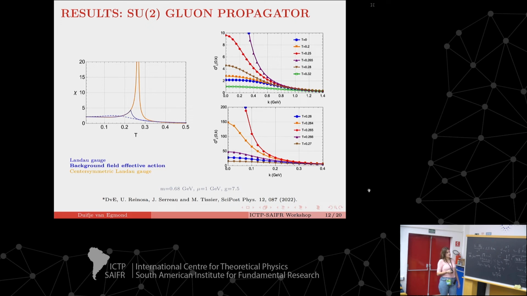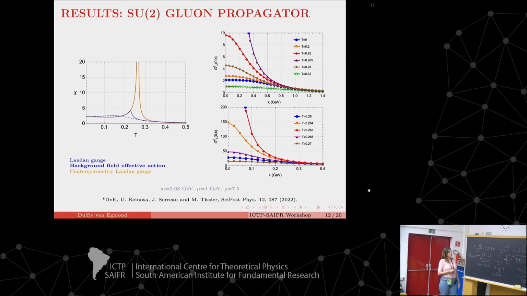And what we did is we compared three different gauges. First of all, the Landau gauge, so taking A bar zero, the background field effective action, and our proposal, the center-symmetric Landau gauge. You see that for the Landau gauge, there's a small bump here, which is comparable to what we saw earlier in other methods.